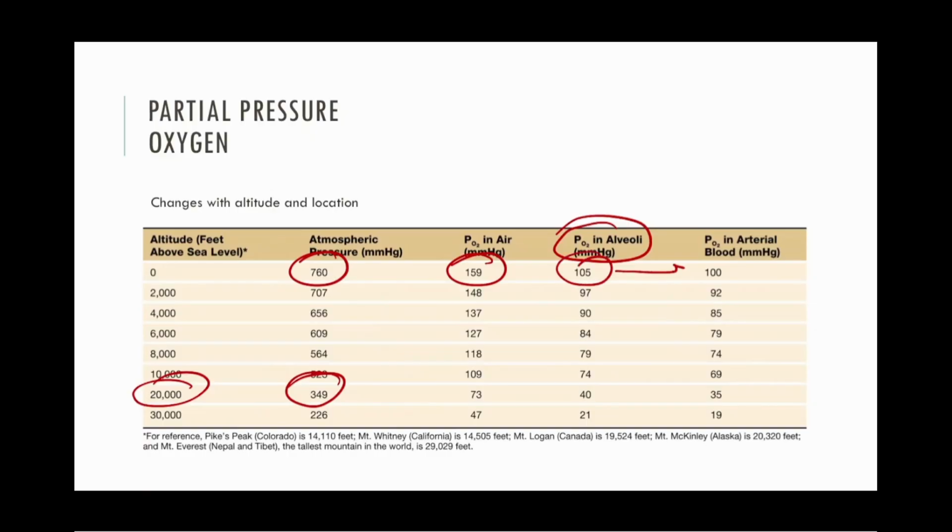105 in the alveolus to 100 in the arterial blood. Which way are we favoring oxygen to move? Where is it higher? In the alveolus or the blood? Alveolus. It's lower in the blood. Which way is O2 always going to want to go?